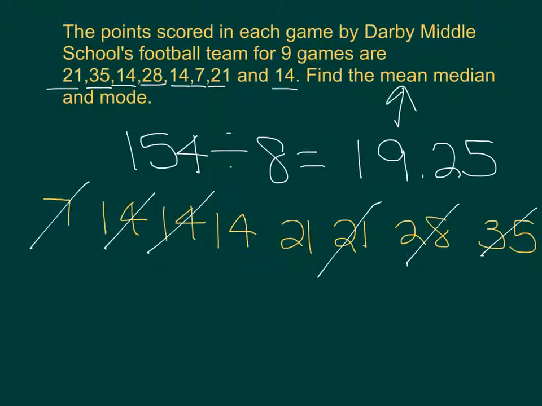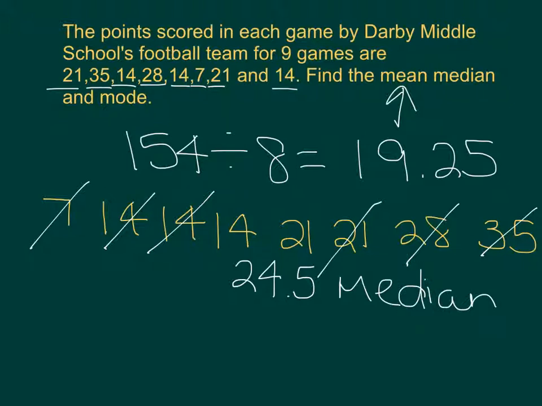So to find the one in the middle, you have to add both of those together and divide by 2, and you're going to get 24.25 for the median. That's the number that's in between these two.